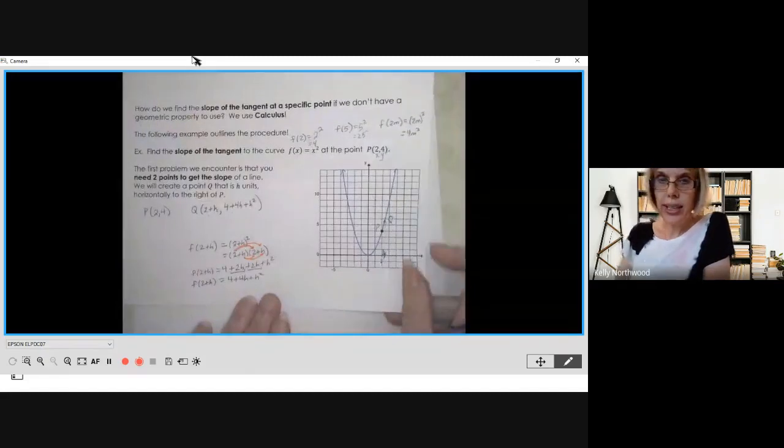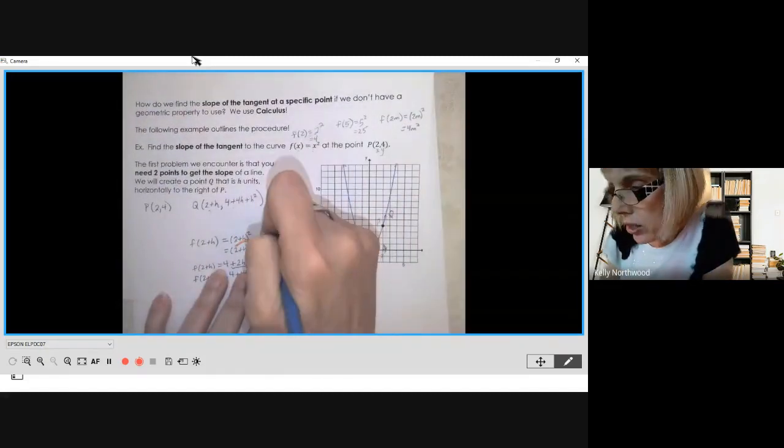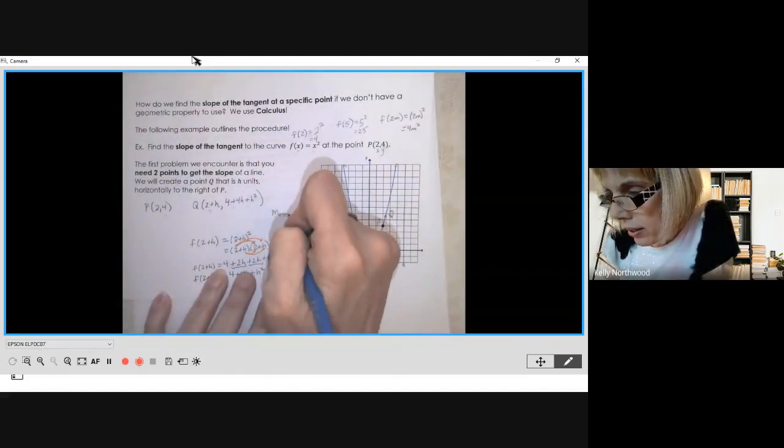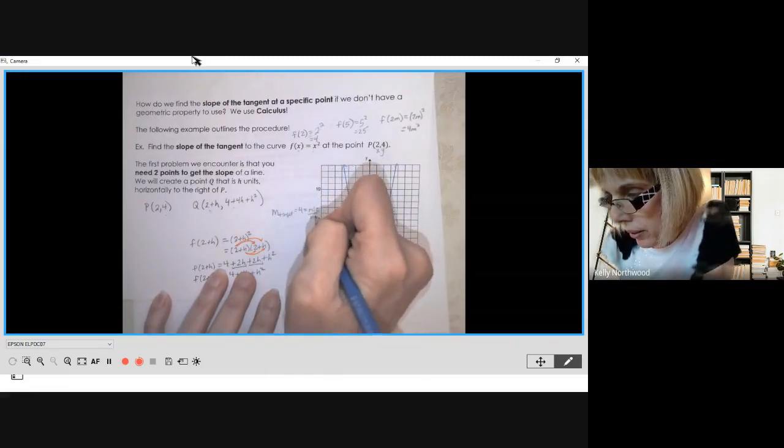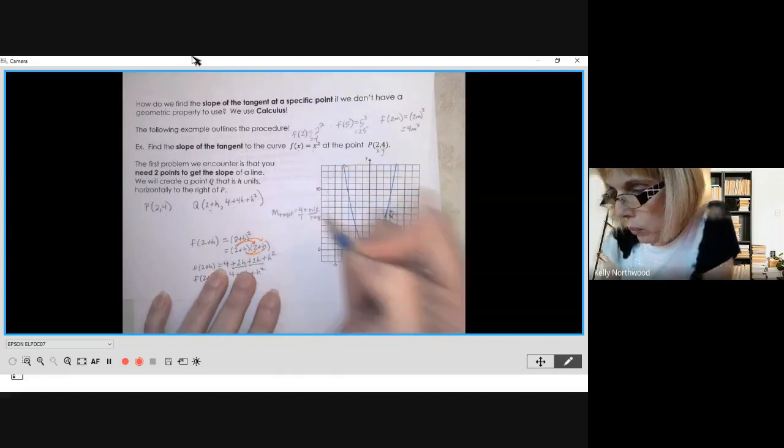So slope of a tangent again. So if our slope of the tangent turned out to be 4, which is our rise over our run, 1 would be our run.